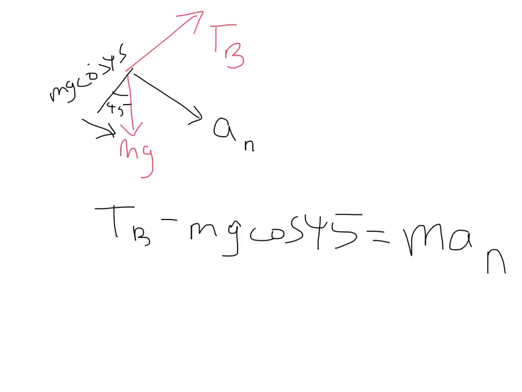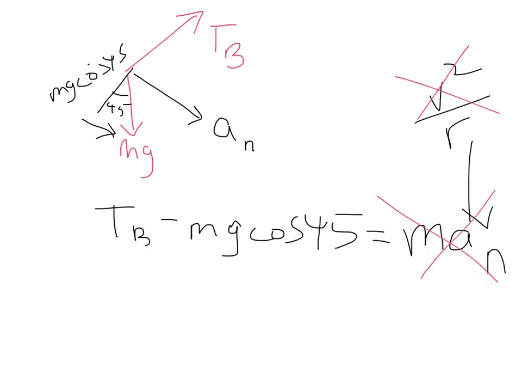So a_n is equal to V squared over R. But remember that as soon as it's cut, it's going to start at 0 and then accelerate from there, so V squared is 0. So actually this whole term is nil. So what you end up with is just TB equals mg cosine of 45. And then you can plug in the numbers.